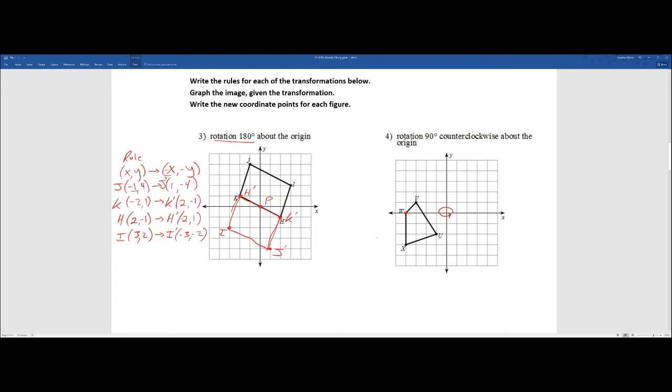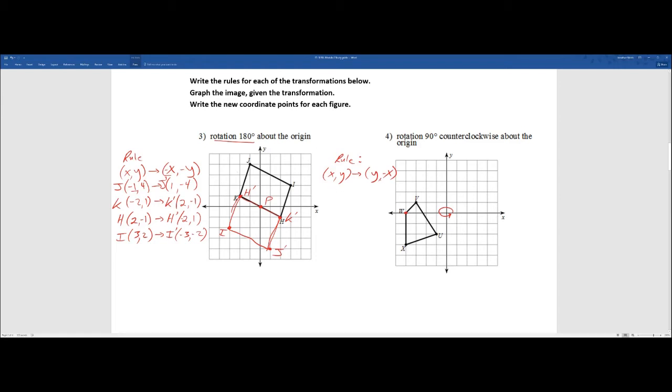So if we remember the rule, we had wherever your x and y are, but they flip. And which one negates? The x.